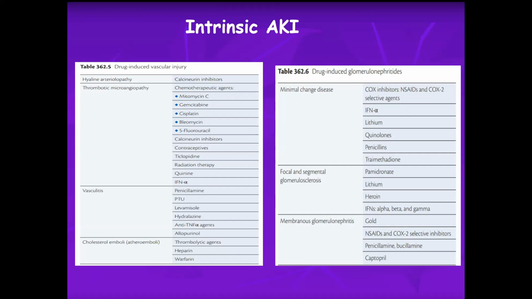So even though your COX-2 inhibitors might be safe in certain settings, they're certainly not safe for the kidney. FSGS, or focal segmental glomerulosclerosis, can be caused by drugs like lithium, heroin, and of course your membranous glomerulitis, like gold, captopril, penicillamine. So those are some of the drugs that actually can contribute to an intrinsic AKI.